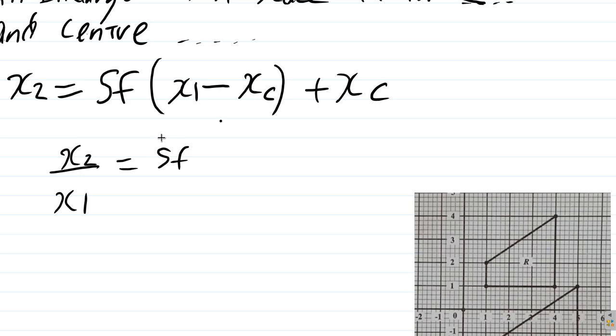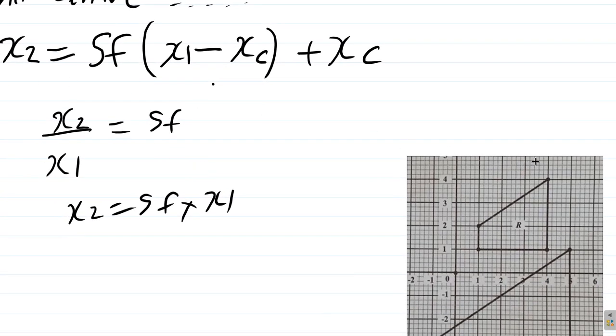Now, here, what we have is if we multiply both sides by x1, we get x2 is equal to scale factor times x1. Now, if we move x1, the point and the object, to the center of enlargement, multiply it by the scale factor, right?